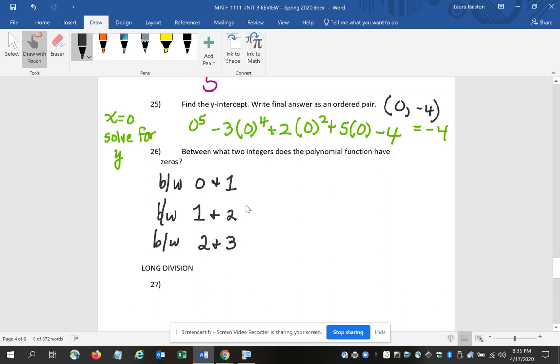Now, I should have a total of 5, but I don't see but 3 on the graph. So that tells me, and it's not really part of the question, but that also tells me that I have 2 imaginary zeros that I can't see on the graph. And I believe on the test, Miss Ralston is nice enough to tell you that you should give me 3 answers here, okay?